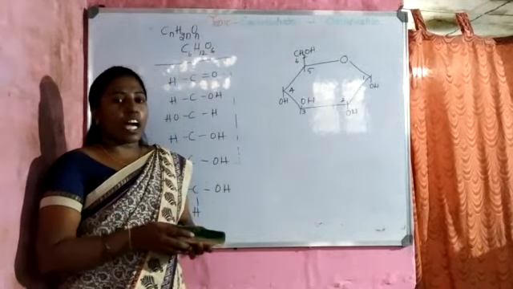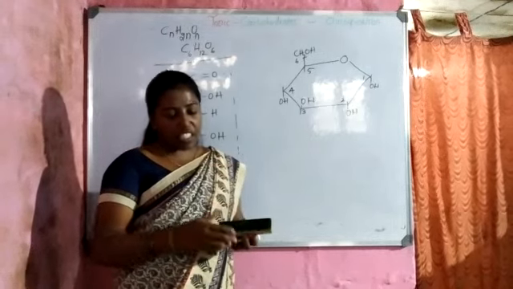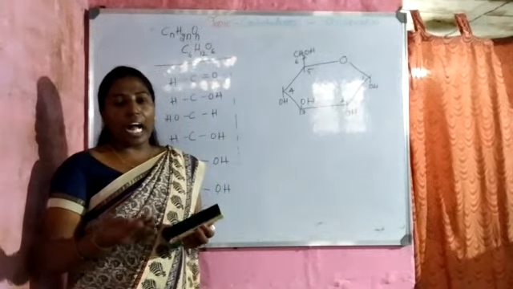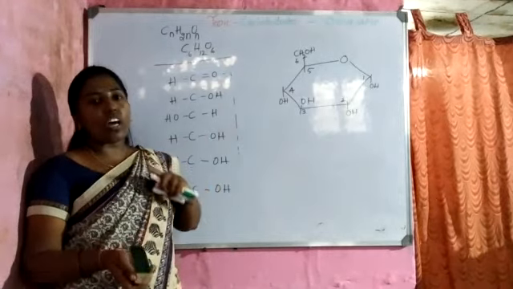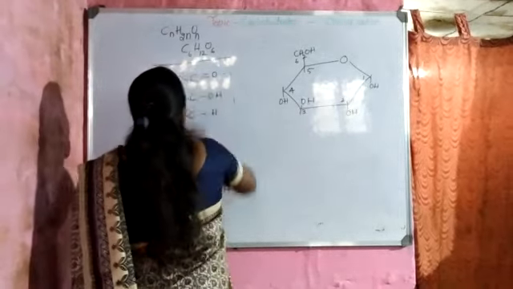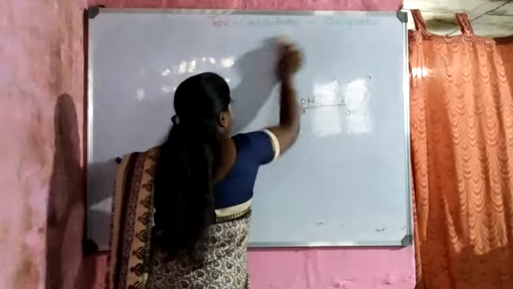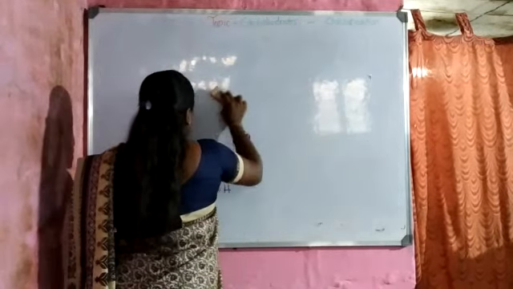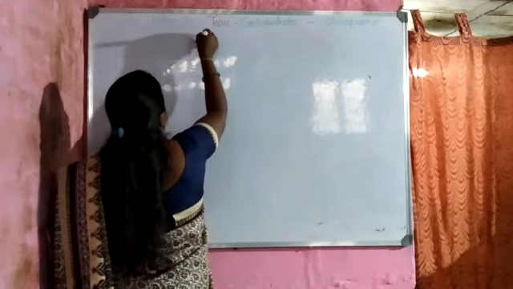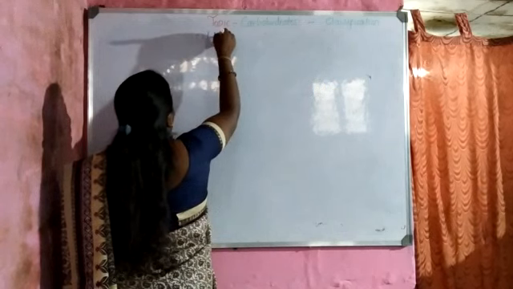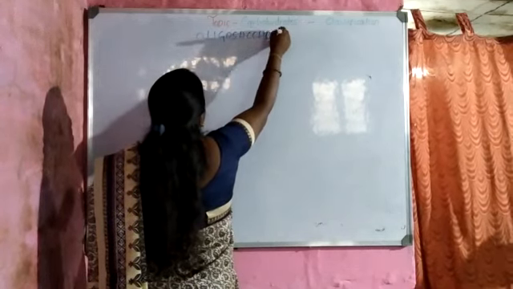As we know, carbohydrates are divided into three groups based on the monomers, that is mono, oligo and polysaccharides. Next we are going to discuss the oligosaccharides. So the next subtopic in the classification is oligosaccharides.